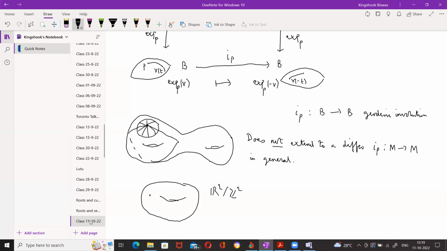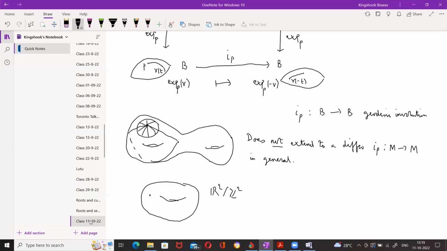Even though the exponential map is of course not injective, it still extends. It's just the map x goes to minus x from R2 to R2, which sends the lattice to itself. Therefore, it descends to a map from the torus to the torus.